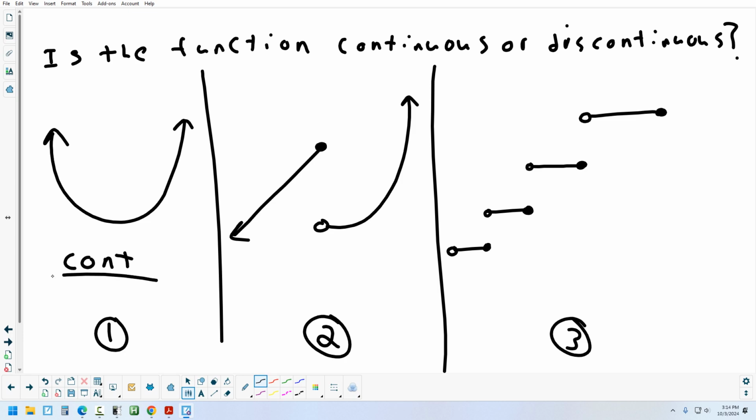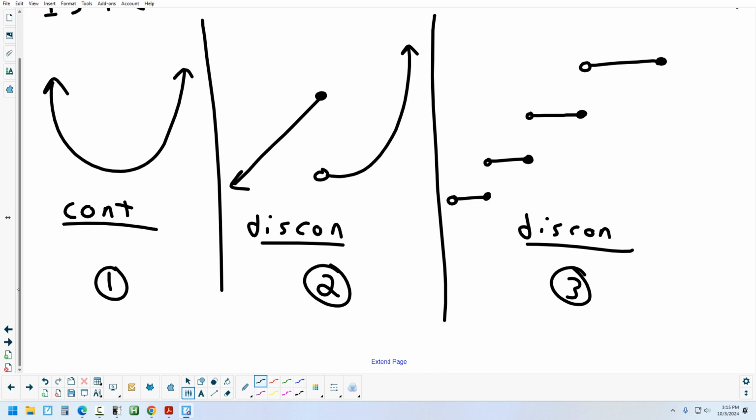How about the second one? Continuous or discontinuous? Discontinuous. Yeah, that's discontinuous because it's broken into 2 pieces. How about the third one? Discontinuous. That's also discontinuous, because you'd have to pick up your pencil as you're drawing it.